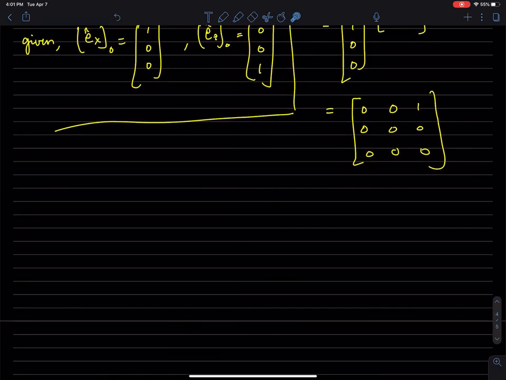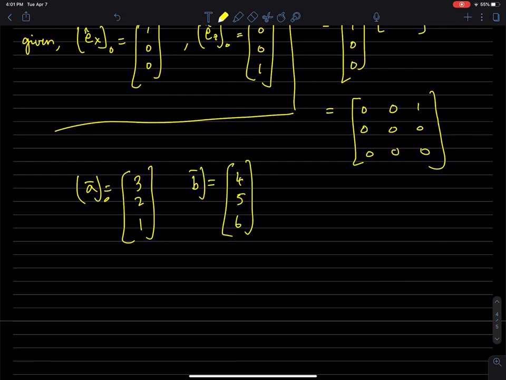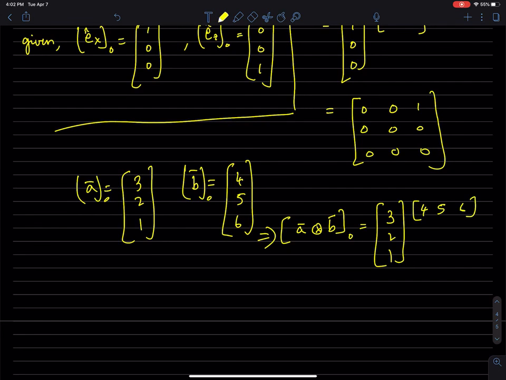If you had A equals, let's say, 3, 2, 1, and B was 4, 5, 6, then of course the dyad A outer product B in frame 0 is going to be 3, 2, 1 times, matrix multiplication, 4, 5, 6, whatever that comes out to be.